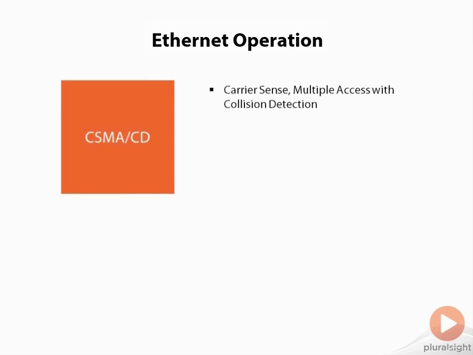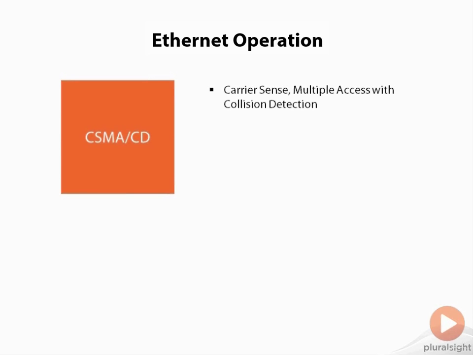Multiple access with collision detection means that all network devices can talk freely as long as another device is not trying to talk at the same time. So Ethernet will attempt to detect if there is another device trying to talk before it begins talking. If 2 machines end up talking at the same time, there will be collisions.